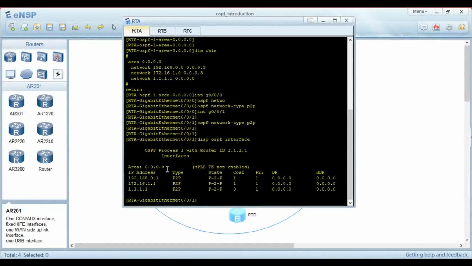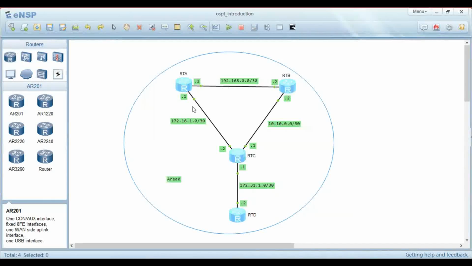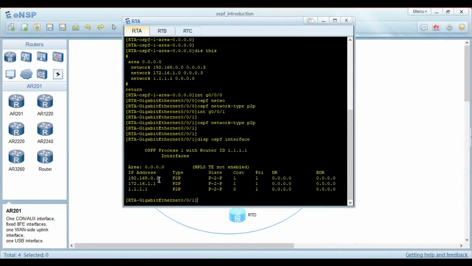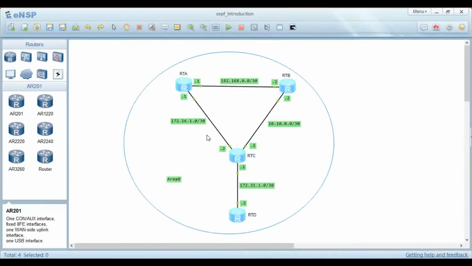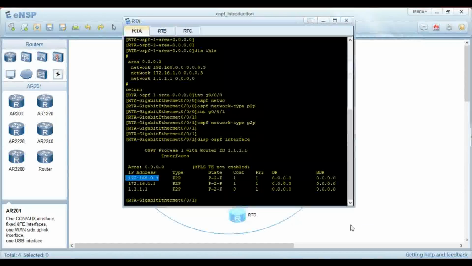You can see we already have 3 interfaces. 192.168.0.1 is there and enabled, and 172.16.1.1 is enabled. They're telling us it's a point-to-point network, and our loopback also appears.